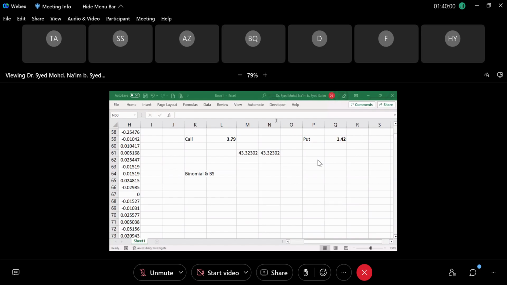I forgot to mention that for binomial, you have to assume that there are two steps. So two price changes. Since it is 1 year and we have two price changes, dt is going to be 0.5.